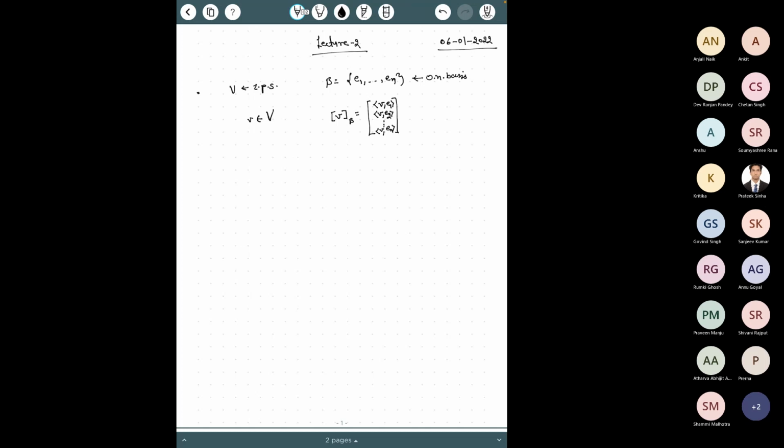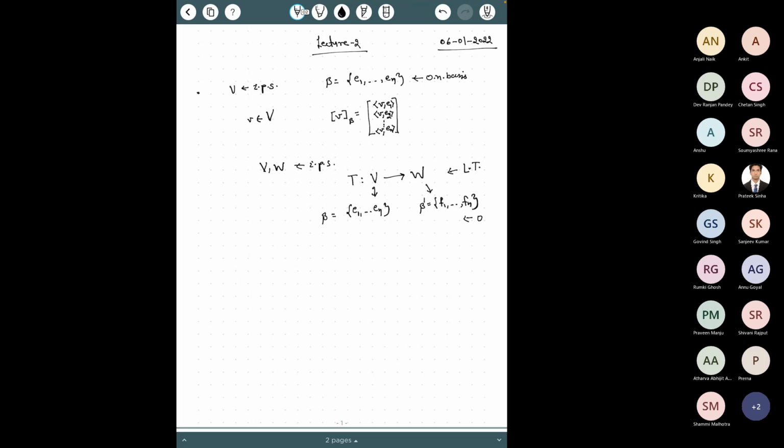Using this, suppose now we have V and W inner product spaces over the same field, and a linear transformation from V to W. If we fix two bases, one for the domain, E1 to En, and one for the codomain W, say F1 to Fn.